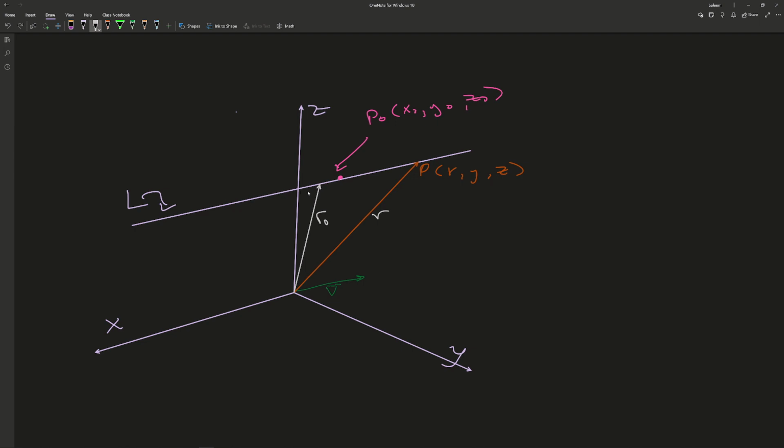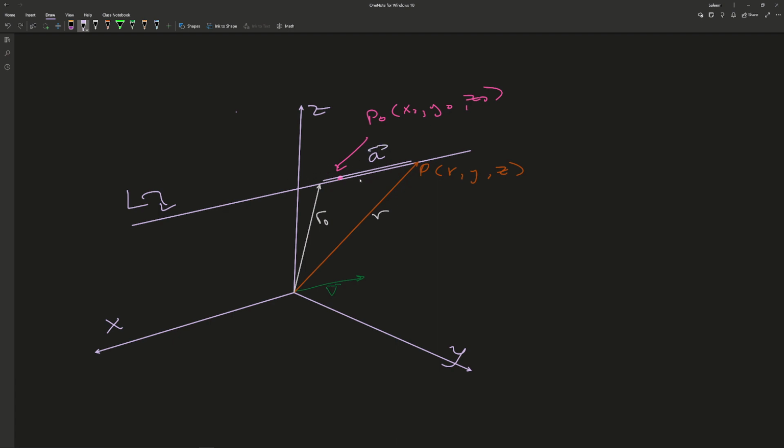So now, suppose that we have some vector on this line L. Let's call this vector something like A, right?